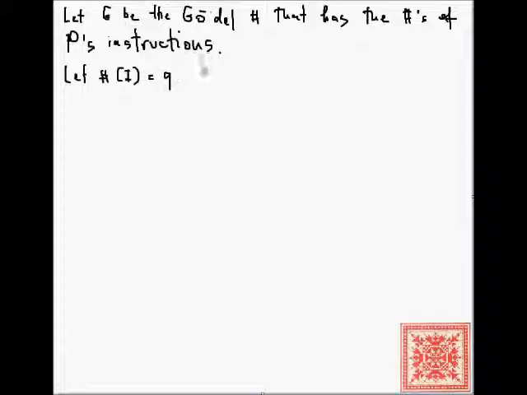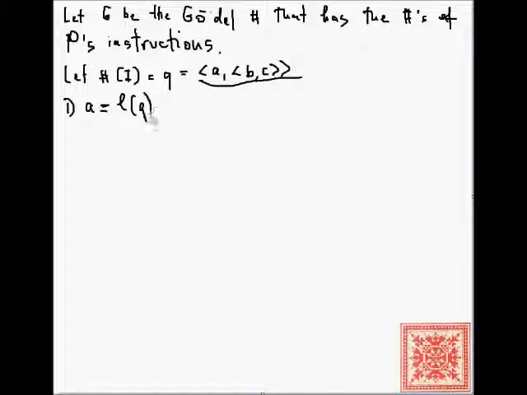And we know that if the number of the instruction is Q, then Q is the pair whose first element is A, and whose second element is another pair B and C. You can review the screencasts and the lectures on coding programs with Gödel numbers, where we talked about pairing functions.